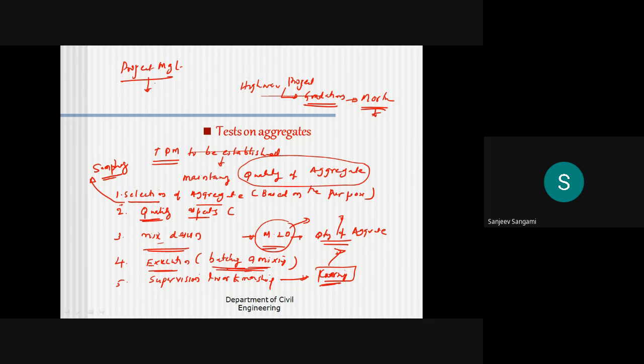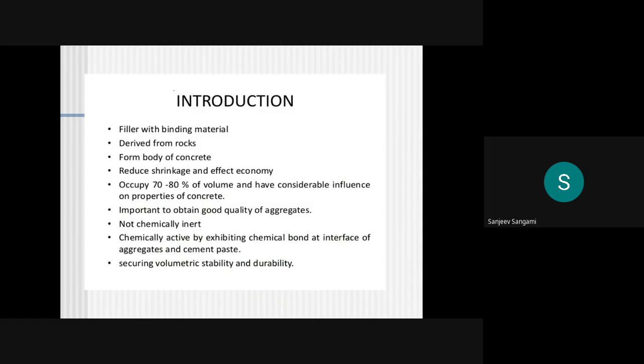Then we slowly move on to which are the tests on the aggregate and which are the classifications of the aggregate, a little bit faster. Of course, aggregate is a pillar with binding material, derived from rock, and is the body of the concrete that reduces shrinkage and affects the economy.